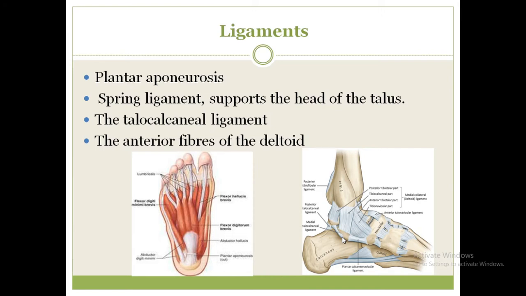The arch is formed by the bones. They rest on the anterior pillar and the posterior pillar, and they are further strengthened by ligaments and muscles. So the ligaments which support the medial longitudinal arch are the plantar aponeurosis, the spring ligament, talocalcaneal ligament, and the anterior fibers of the deltoid.